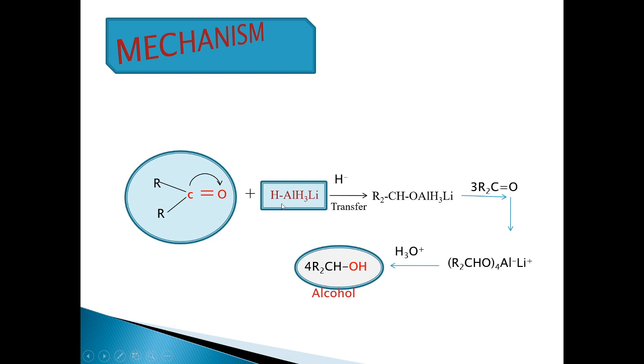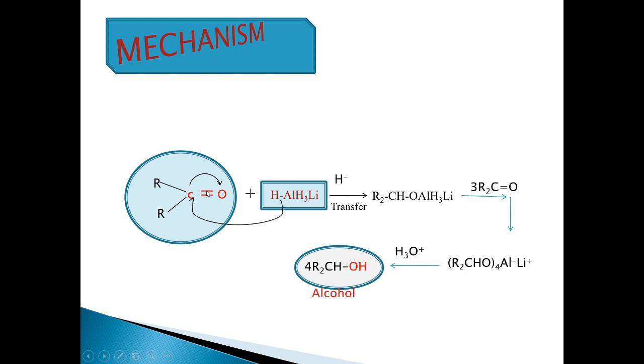Okay. So here is the negative charge on hydrogen. The negative charge on hydrogen means it is a hydride ion. When it is positive, you say it is a proton. From this reagent, there is transfer of this hydrogen to this carbon. And this double bond shifts onto the oxygen.